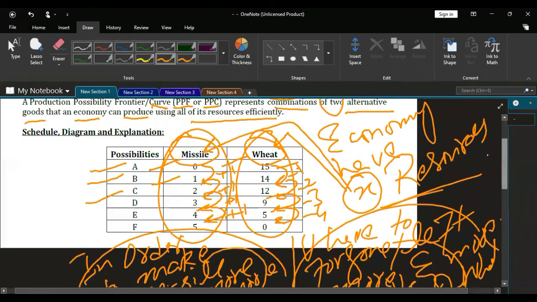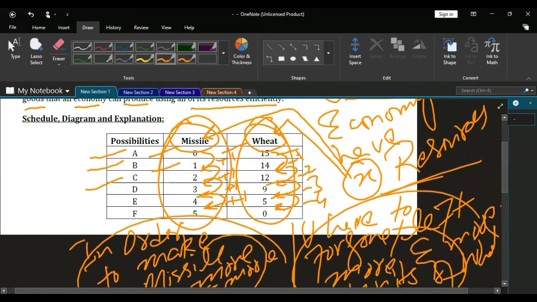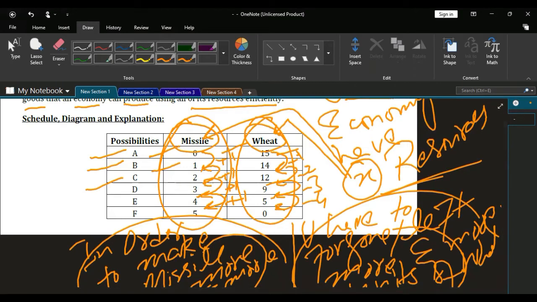In order to increase the quantity of one good, you have to decrease the quantity of the other good, and we have the same resources. Resources cannot be increased. So while using the same resources, you have to set aside some resources of the other good in order to produce the first good.